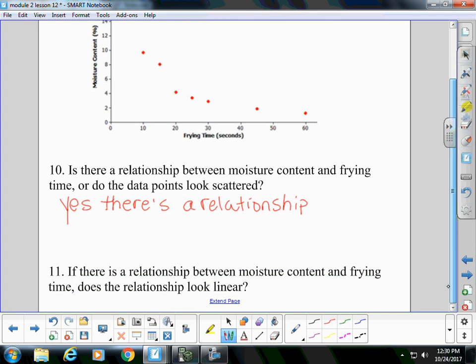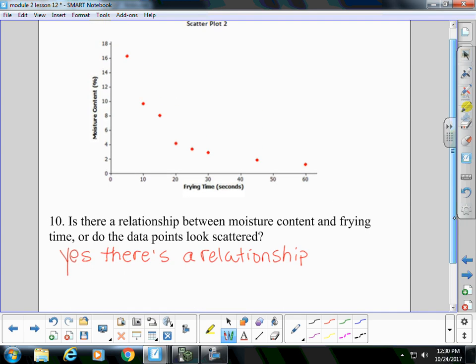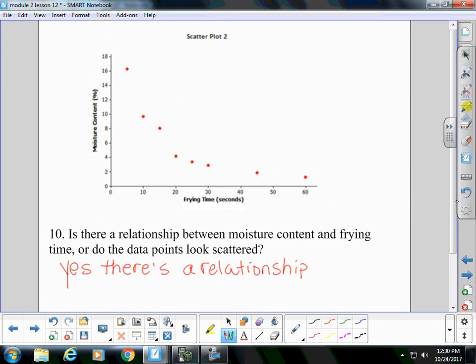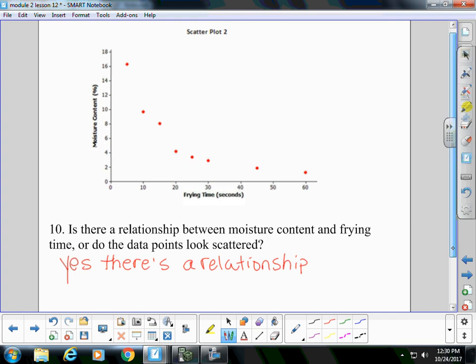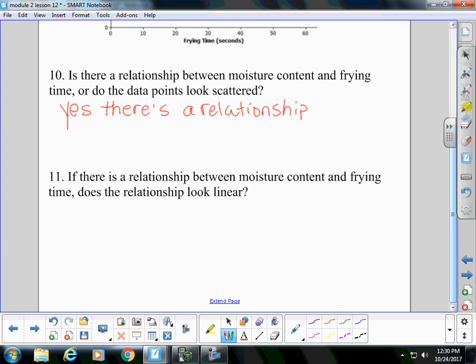However, does it appear that it is a linear relationship? And I would say no to that. I would say there's a definite curve at the beginning. It starts up really high, then drops really quickly, and then curves. So I would say no, it is not a linear relationship.